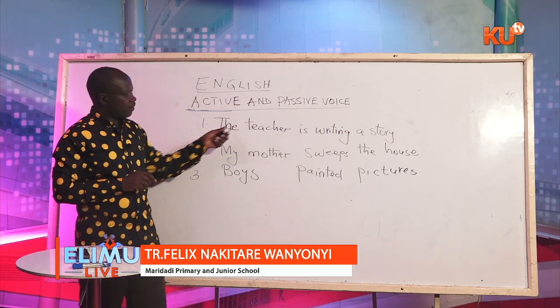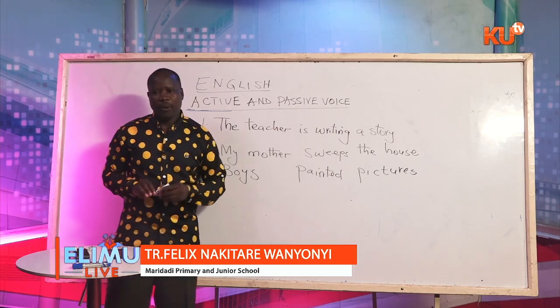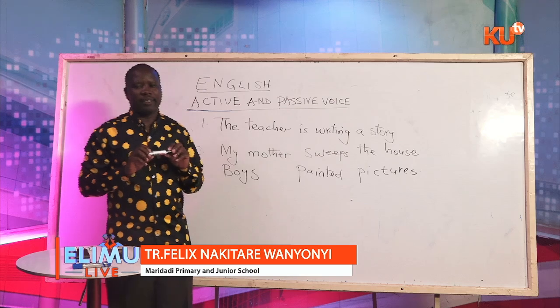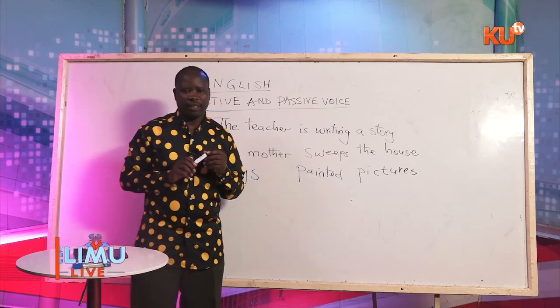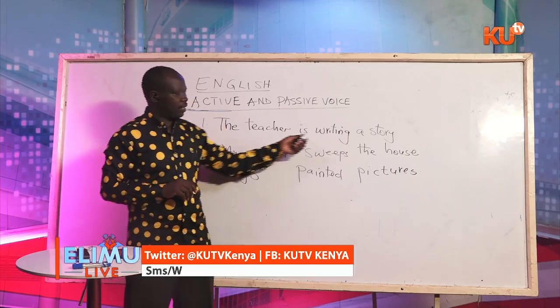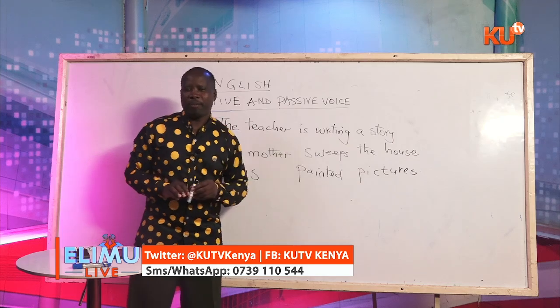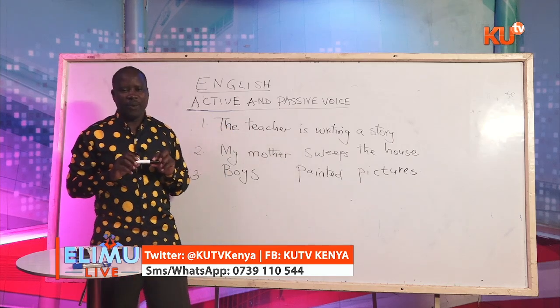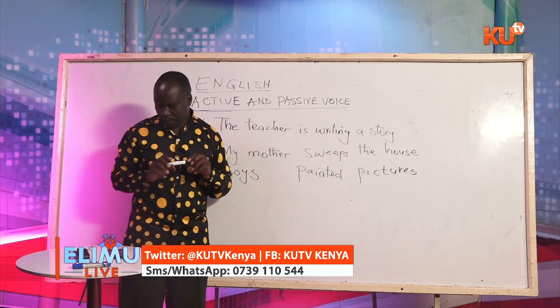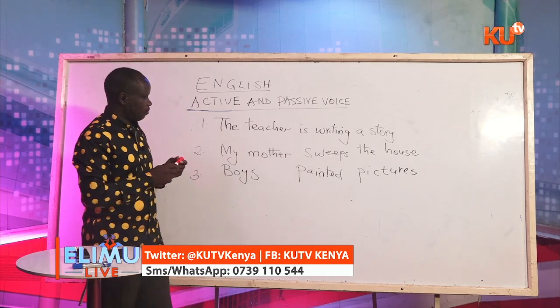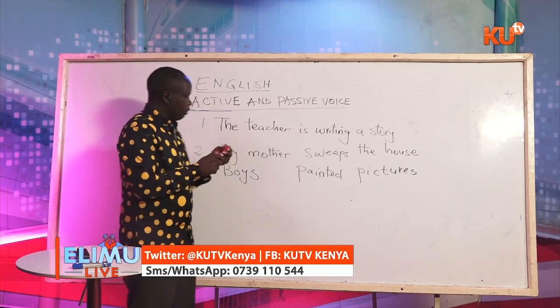In these three sentences, we are going to look at three main parts that make these sentences. And those three main parts are what will guide us through our sentence. Now, I want to break each of them.